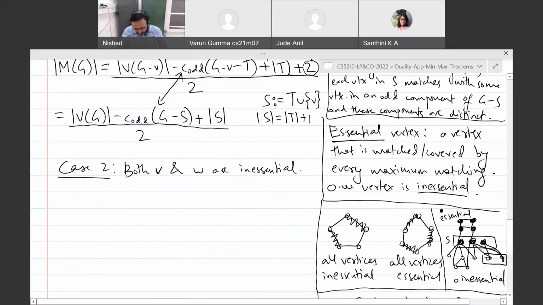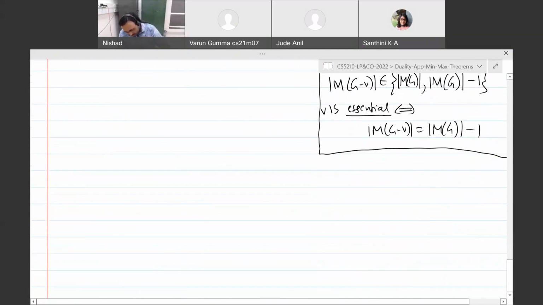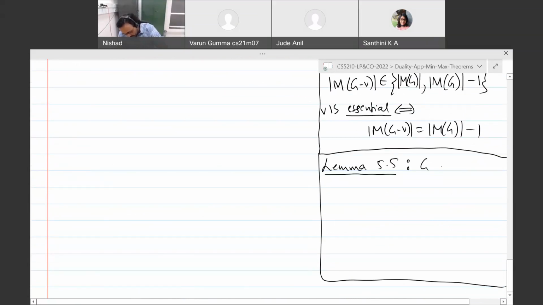Let me state a lemma. This is Lemma 5.5 that we still need to prove. G is any graph and VW is any edge of the graph such that V and W are both inessential.